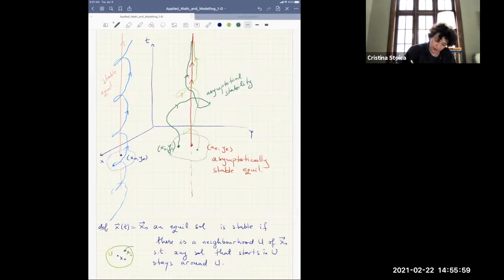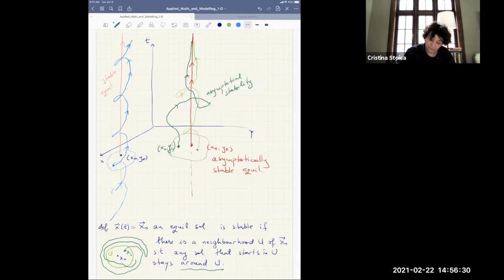I'm going to go around, but I'm not going too far. I'm starting around, I'm just not going away. I'm not going towards the point either. I'm just staying around. That's all I'm saying. So in other words, it's like this blue thingy, it doesn't go away, the blue curve. It kind of stays around.